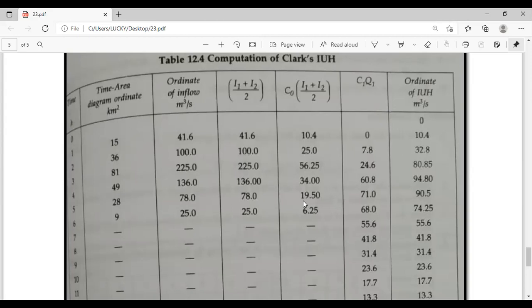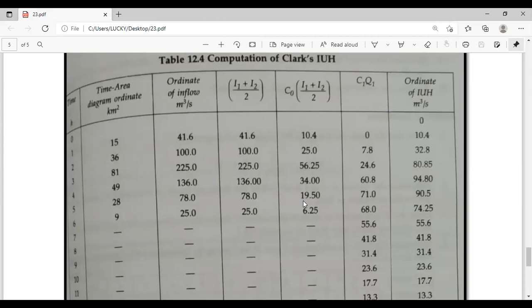Here, ordinate of instantaneous unit hydrograph in meters cube per second is equal to 0, 10.4, 32.8, 80.85, 94.80, 90.5, 74.25, 55.6, and 41.8, 31.4, 23.6, 17.7, 13.3, 10, 7.5, 5.63, 4.22, and 3.16.